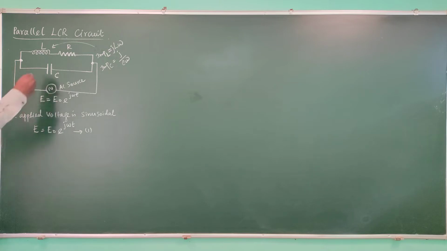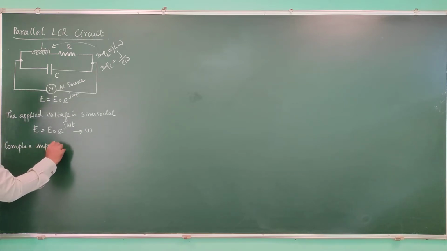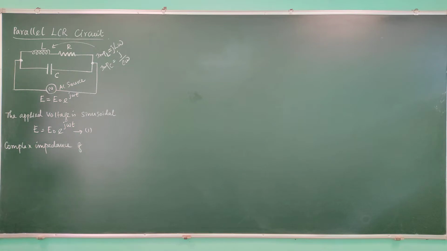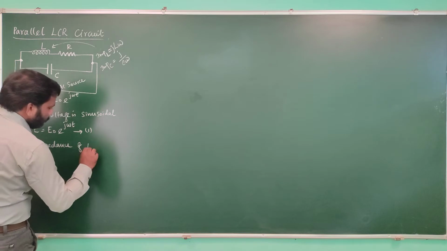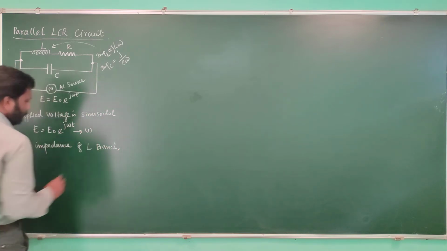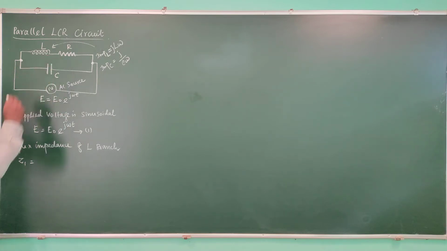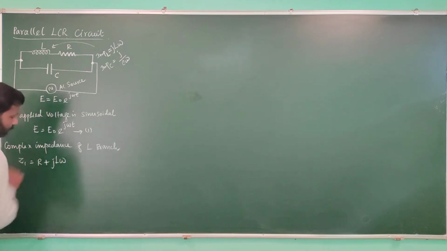Now for this branch consisting of an inductor and resistor, we can write the complex impedance of the L branch as Z1, that is equal to the resistance of the resistor plus the complex impedance of the inductor.